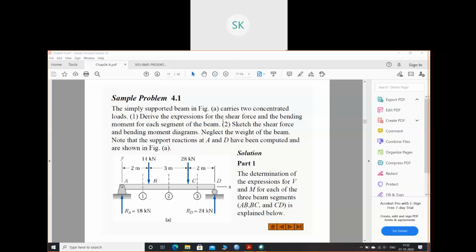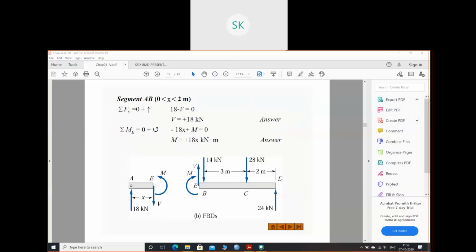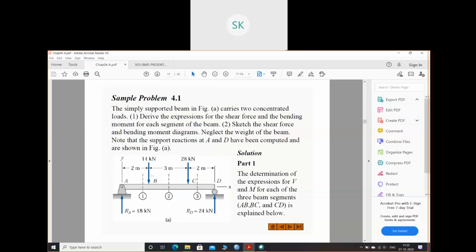Okay. So we see this is the section. I'm taking a section at a distance of x from A. At every section you will have one shear force and one moment, right? Now this section is from 0 to, what is the distance to B?